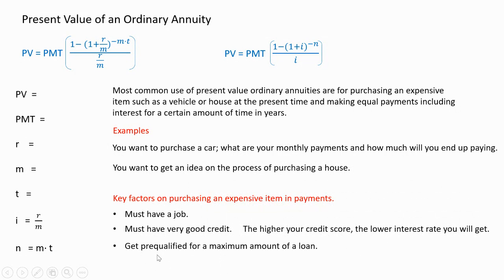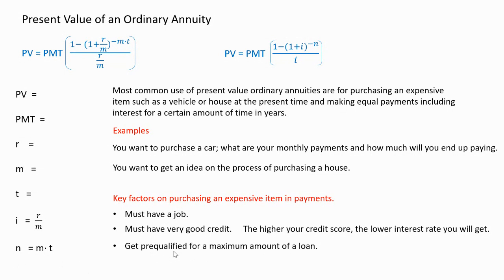Now, also to buy an expensive item, especially a house, you have to get pre-qualified for the maximum amount of a loan. So, for example, when you're buying a house, you want to get qualified to see, with your income or your spouse's income, what's the maximum amount. Because if you go looking for houses and you're not pre-qualified, you might be looking at houses that are more expensive than what you can afford.